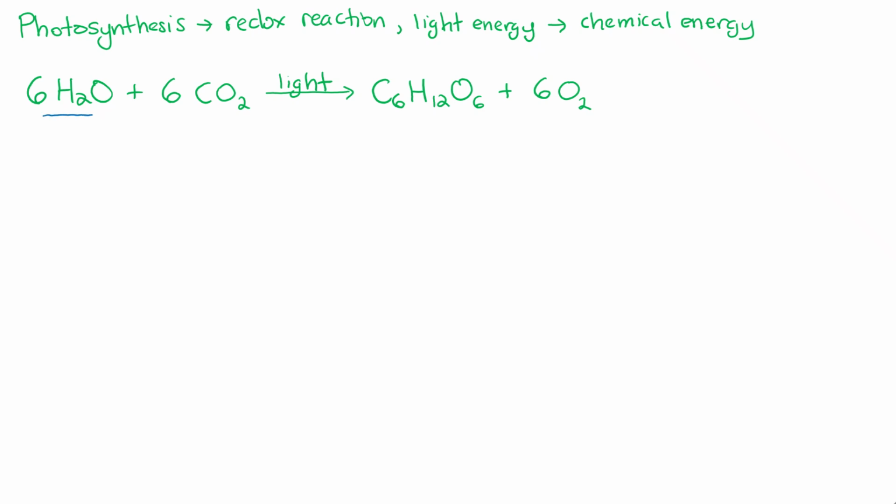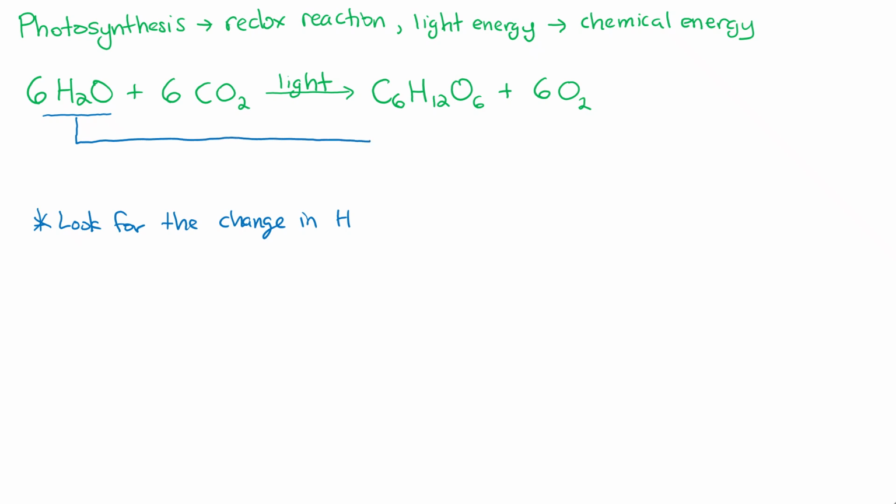So I'm going to underline my first one. When I am trying to determine this, I always look for the change in H. So I see that there's a hydrogen in my water.